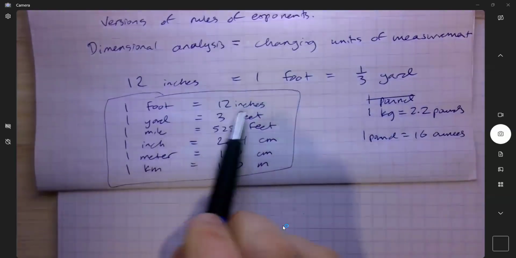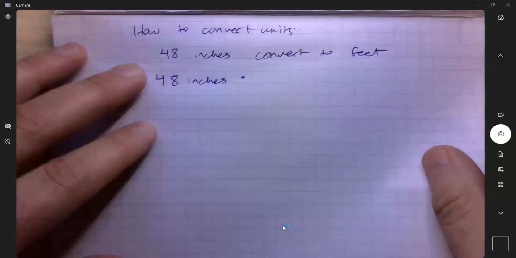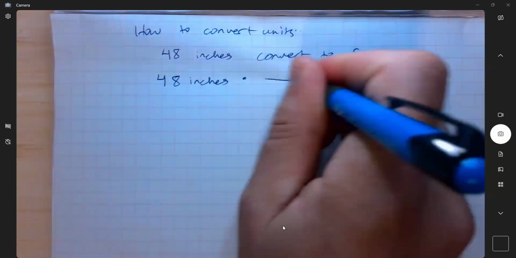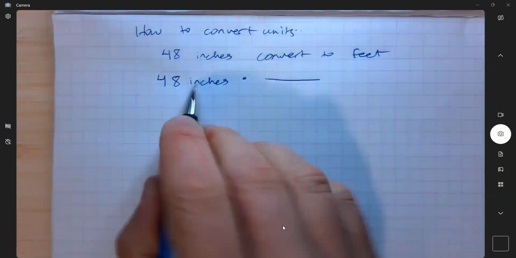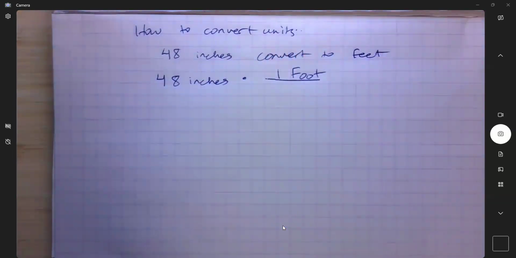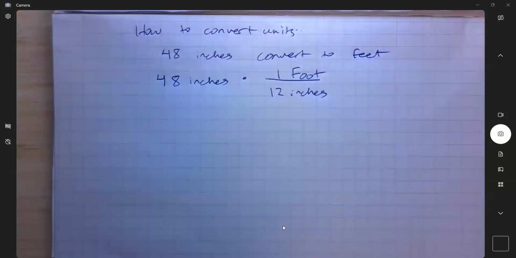So this table gives me conversion factors. It says there are 12 inches in 1 foot. So I'm going to write that conversion factor, and I'm going to be very careful to say if I start with inches, then I want to end with feet. So I use my conversion factor with foot on the top and inches on the bottom.